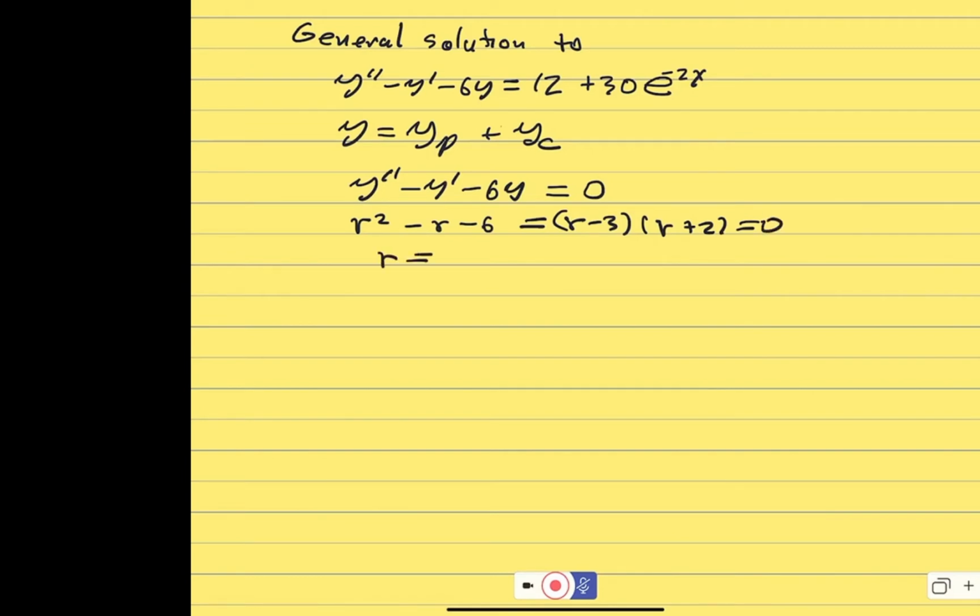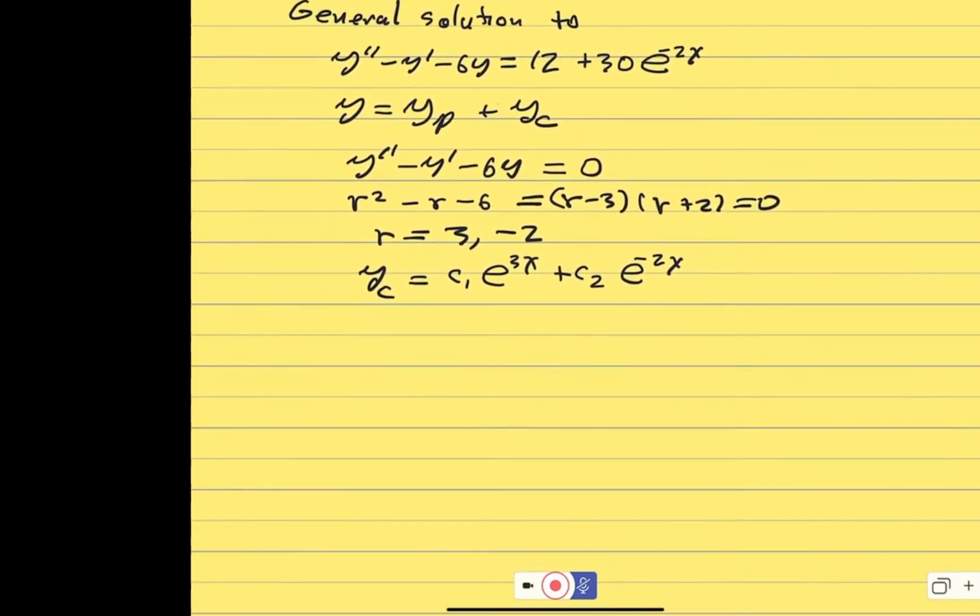So the characteristic roots are 3 and minus 2. So the general solution to the homogeneous equation is c1 e to the 3x plus c2 e to the minus 2x.